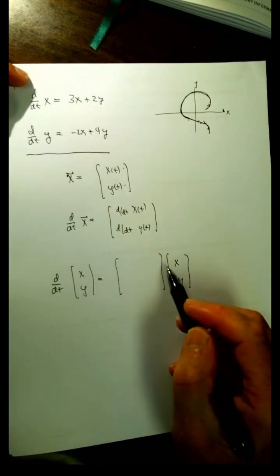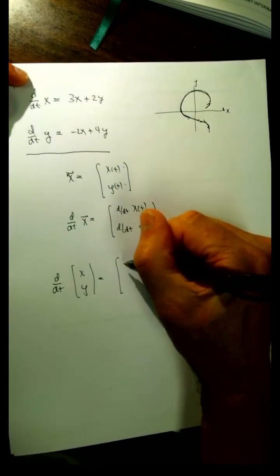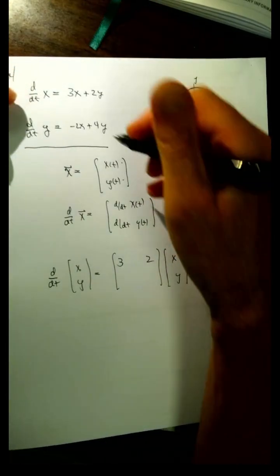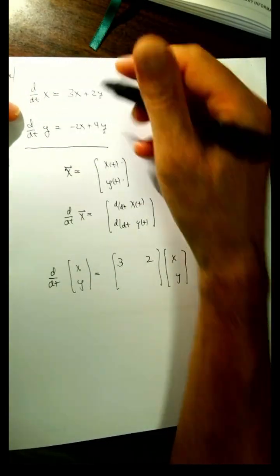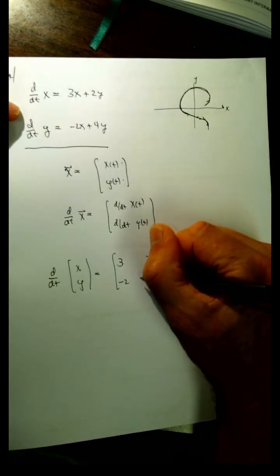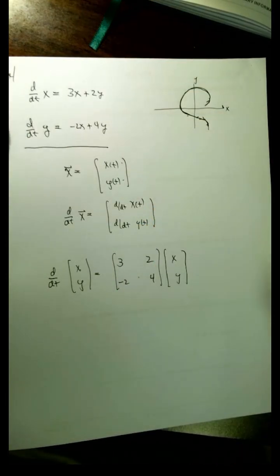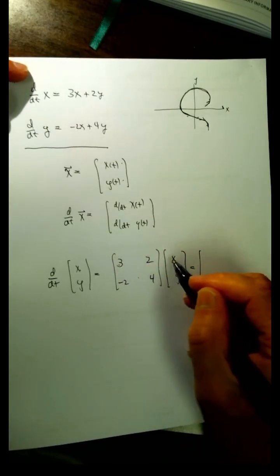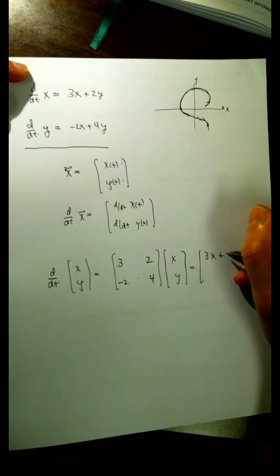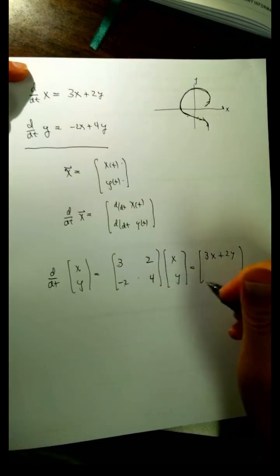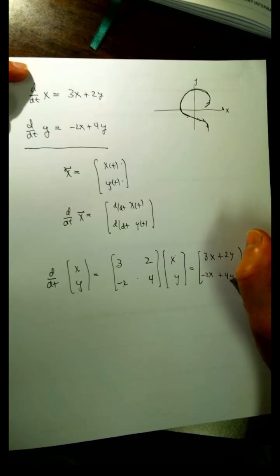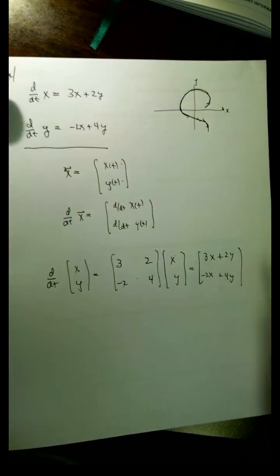The derivative of x is going to be equal to 3 times x plus 2 times y. And then the derivative of y is going to be minus 2x plus 4y. So the way we've defined matrix multiplication, this is going to be 3 times x plus 2 times y. And the second row is going to be minus 2 times x plus 4y. And notice this is exactly the same thing as we've written above.